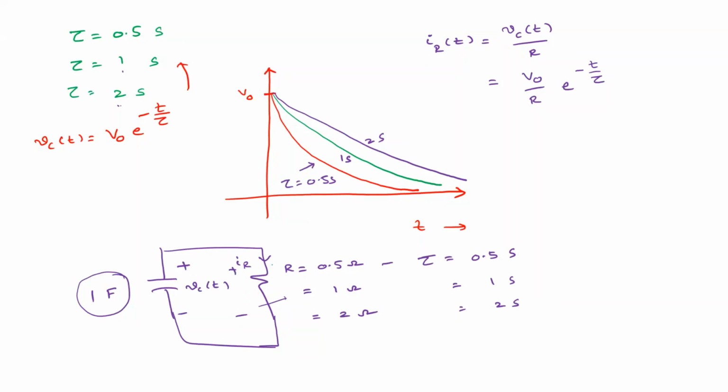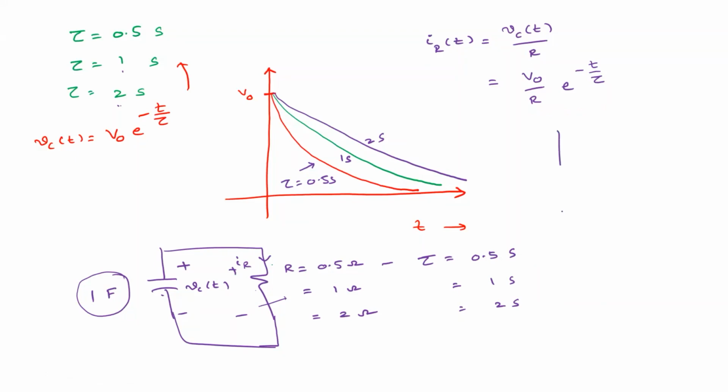If you see, this side looks like parallel, but actually these two are in series. So that means it's a closed circuit. Understood? You agree for this? Yes, sir.